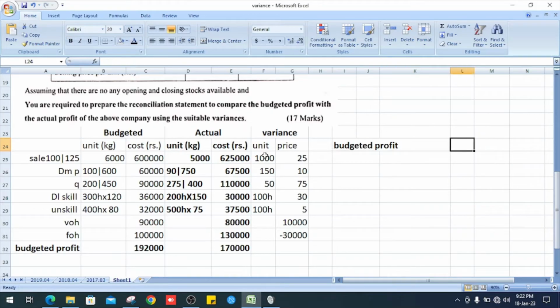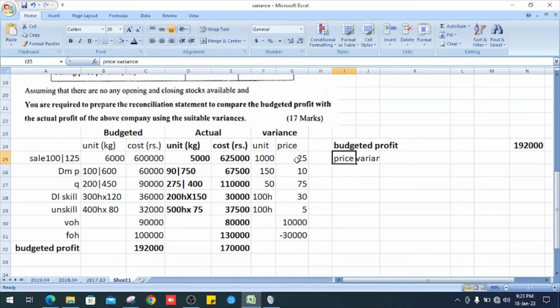First, the budgeted profit is 192,000, and the first variance is the sales price variance.